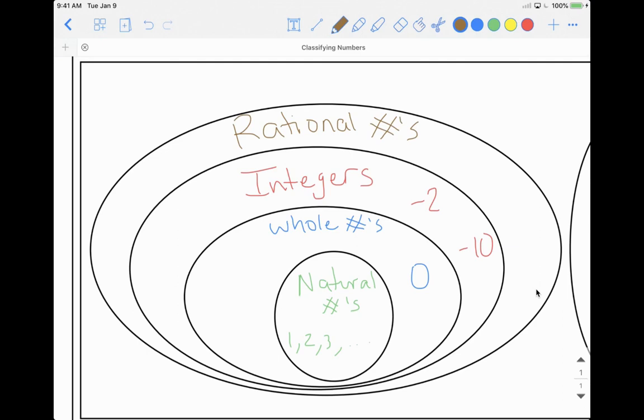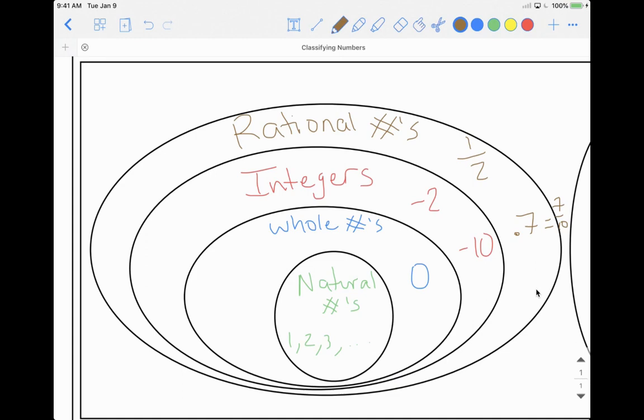So if we look at these inner circles, our integers, whole numbers, and natural numbers, all of those can be written as fractions. But now we add in things like 1/2, right? It can be written as a fraction. We add in 0.7. It can be written as a fraction, 7/10. We add in a lot of different things.